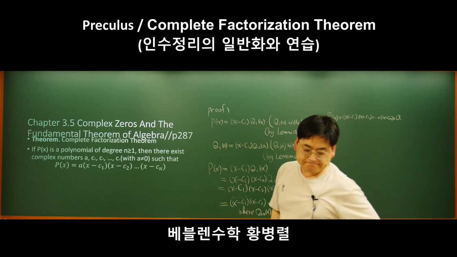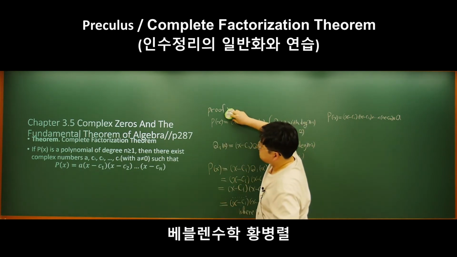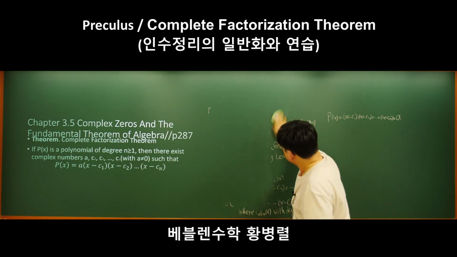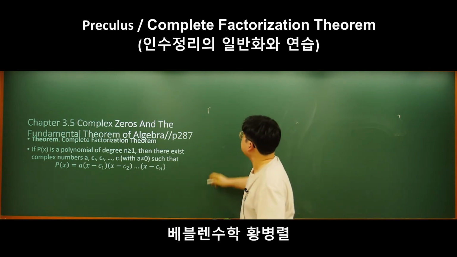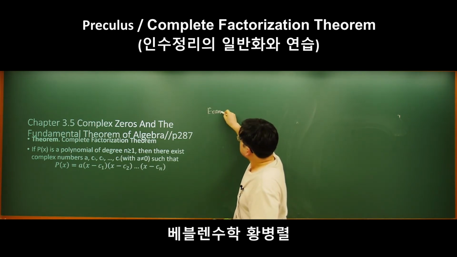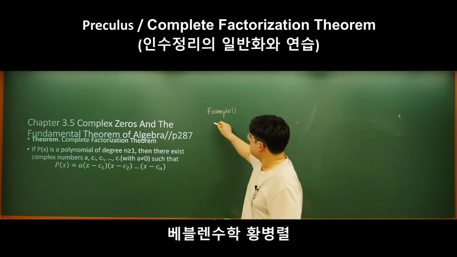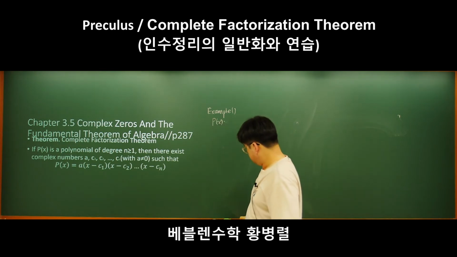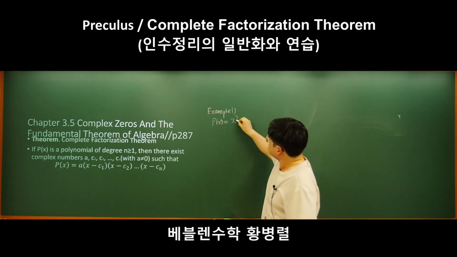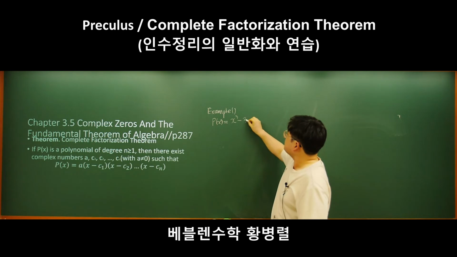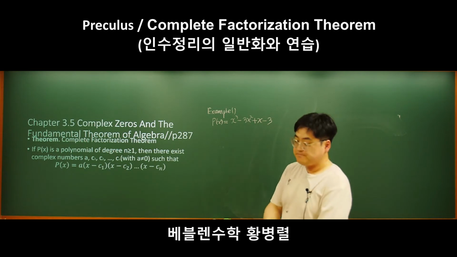Example 1. P(x) is equivalent to x cubed minus 3x squared plus x minus 3.